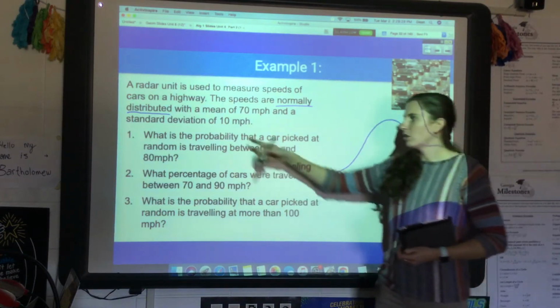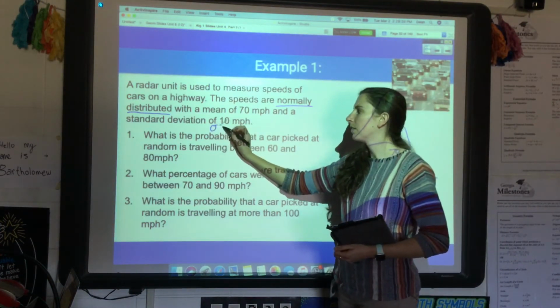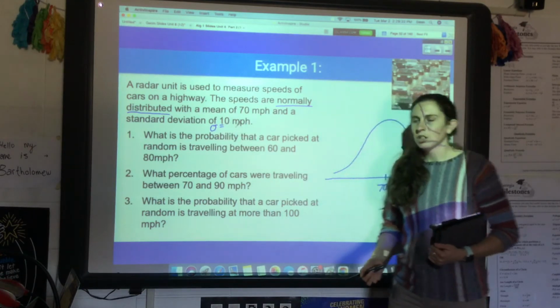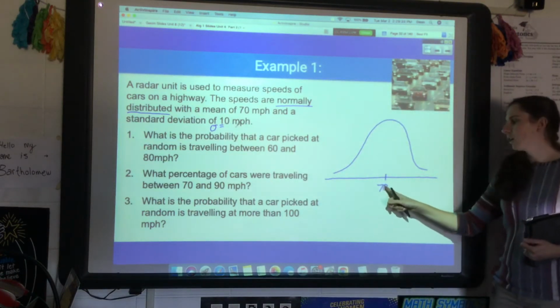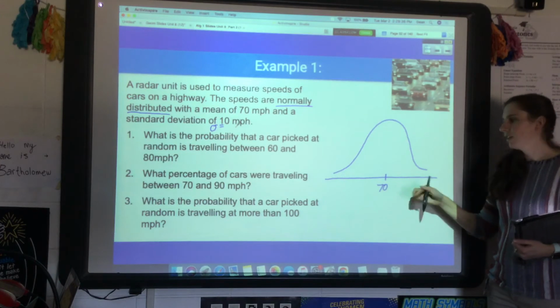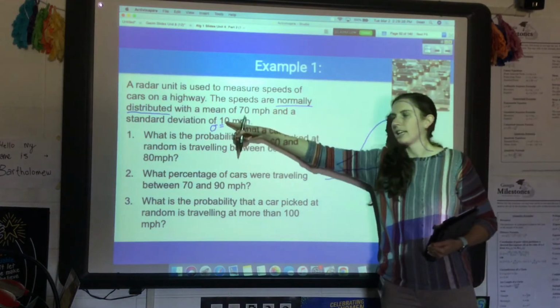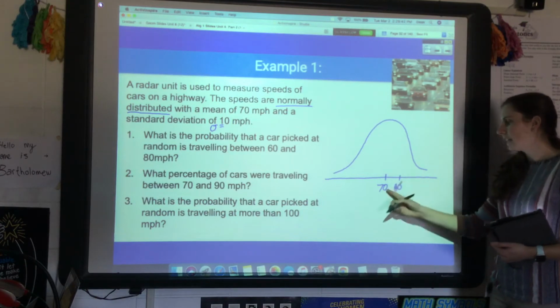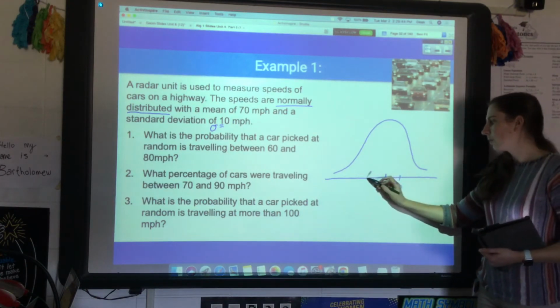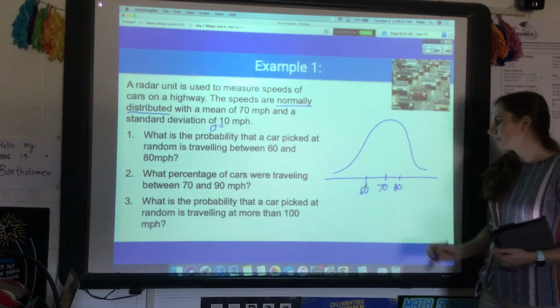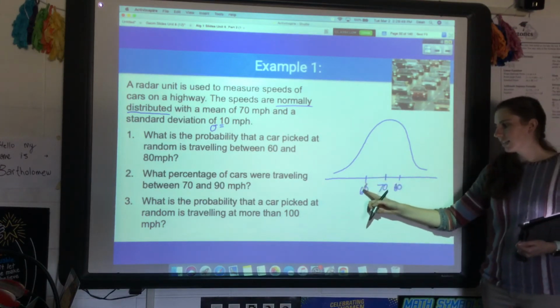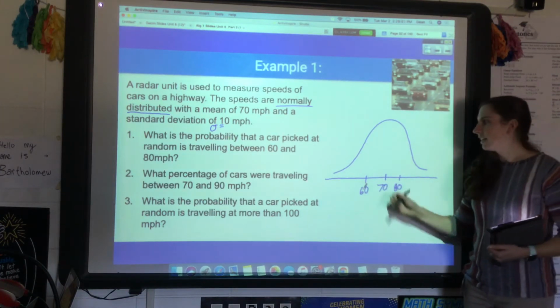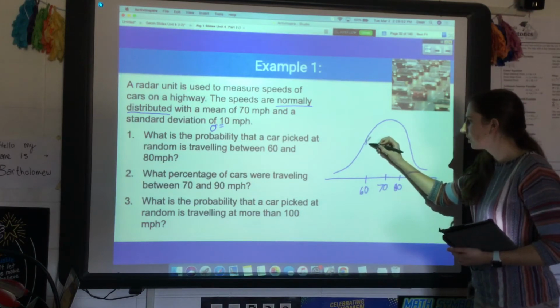And the standard deviation is 10. So if I take 70 and I go up one standard deviation, basically just add 10, now I'm at 80. Or if I go down a standard deviation, I would be at 60. So between 60 and 80, that is 68% of the cars.